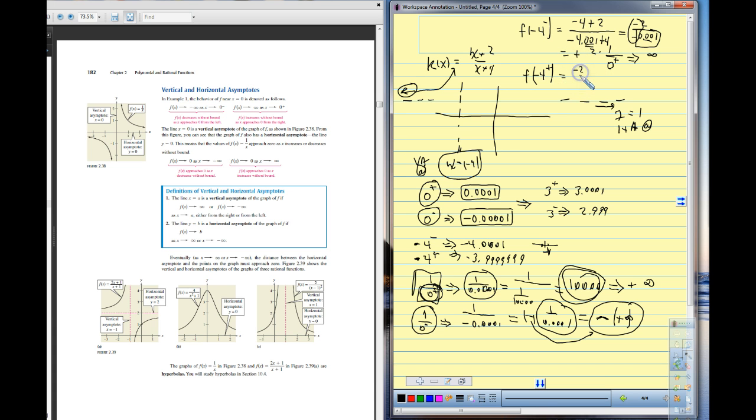We haven't touched that. And now we're going to get negative 3.999 plus 4. And what is that? That's going to be negative 2 over 0.001. Well, we already know what 1 over that is.